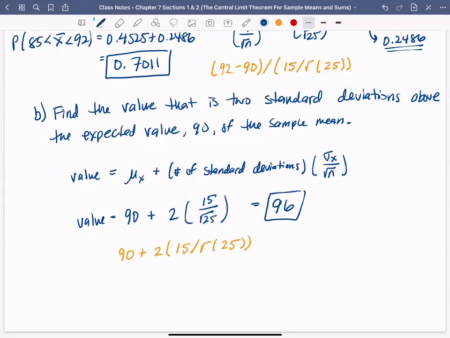All right, let's move to our second and final example of the section.